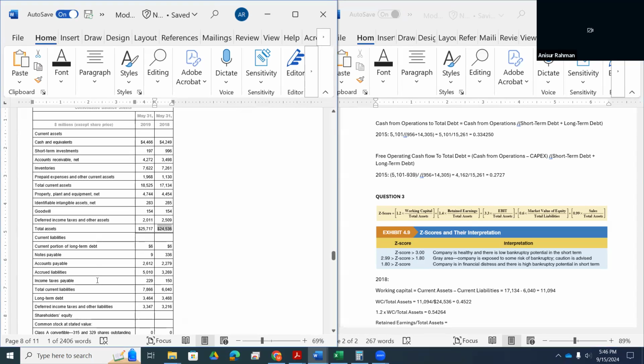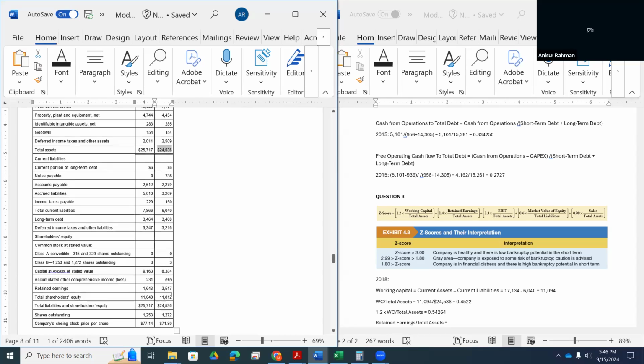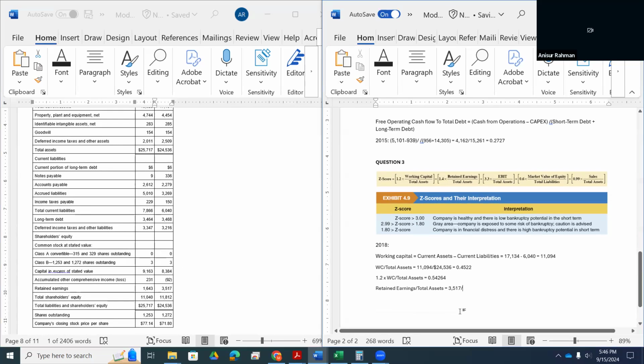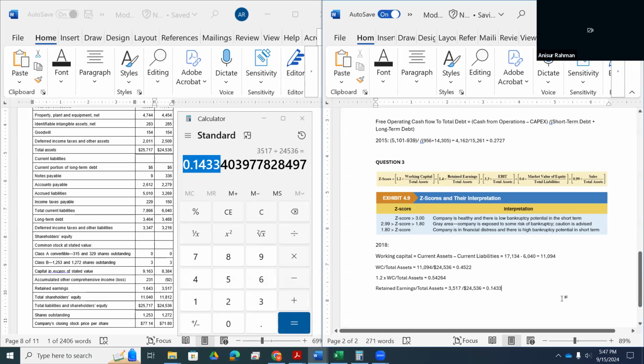So our retained earnings in 2018, 3,517, divided by our total assets, gives .1433, and then we'll multiply by 1.4.